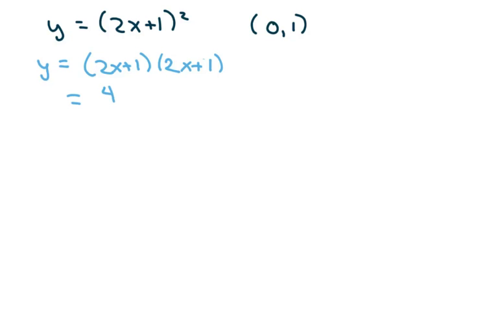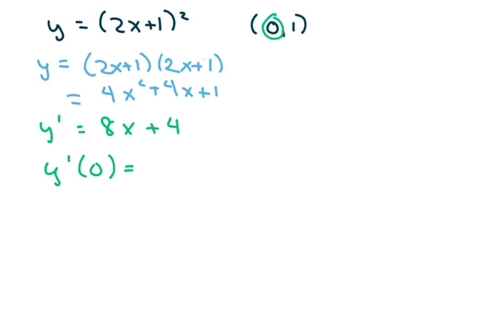You're going to get 4x squared plus 4x plus 1. And then we're going to take the derivative of y, which you're going to get 8x plus 4. And then we're just going to plug in 0. So it's going to be 8 times 0 plus 4, which equals 4 is your slope.